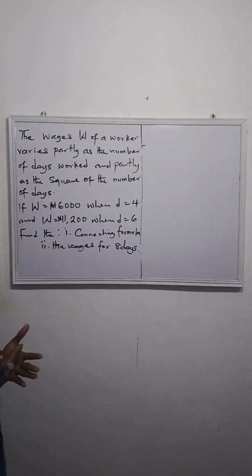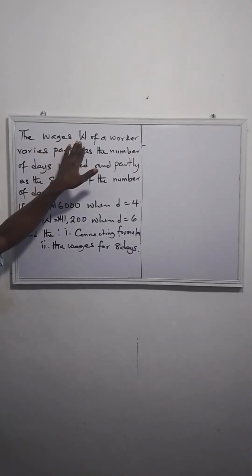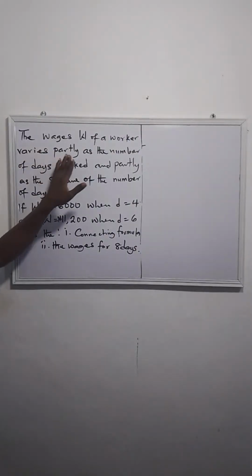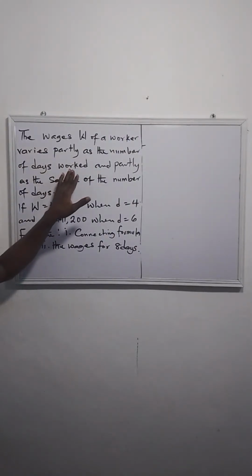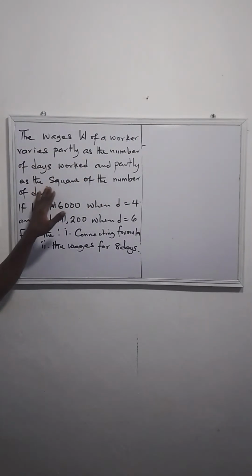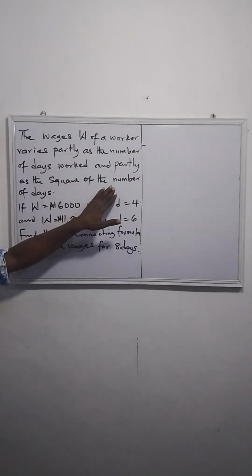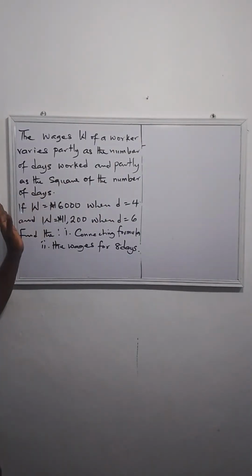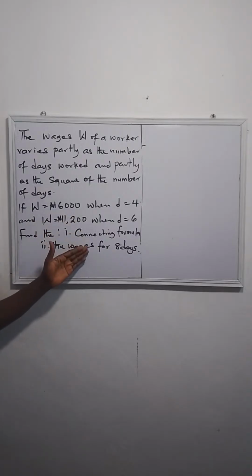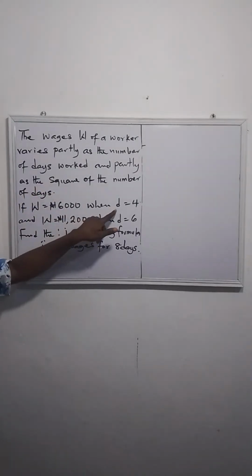Now, we've already gotten the idea of the question. The wages W of a worker varies partly as the number of days and partly as the square of the number of days. Now, the number of days has been represented with small letter d.